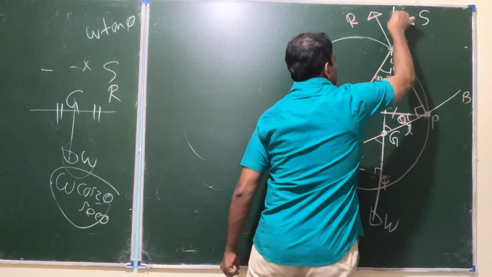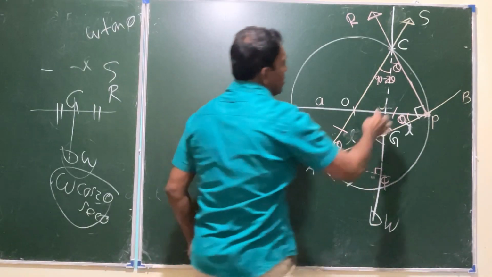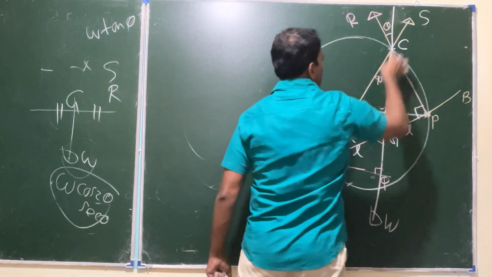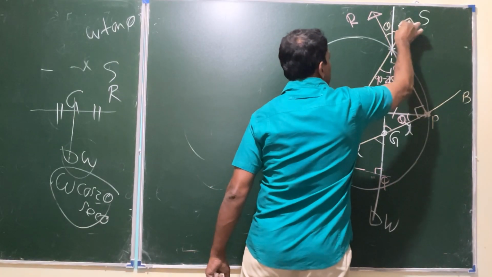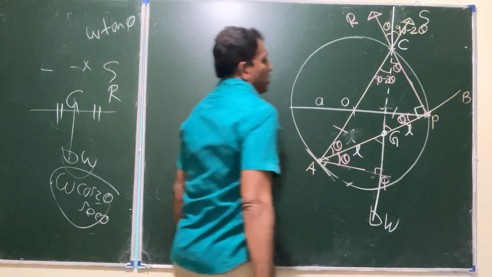Can I draw this vertical line? Very useful to find. Mark clearly, vertically opposite here theta, okay, and this is 90 minus 2 theta, check will you, okay, right.